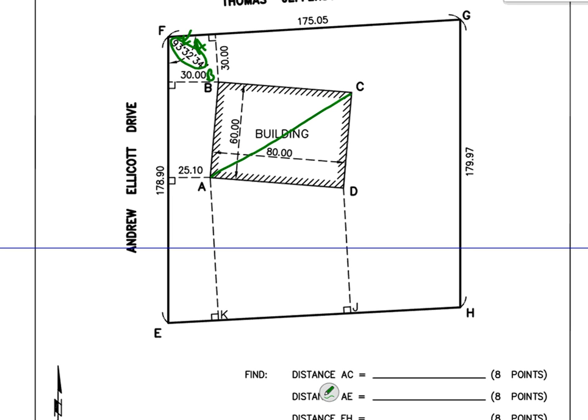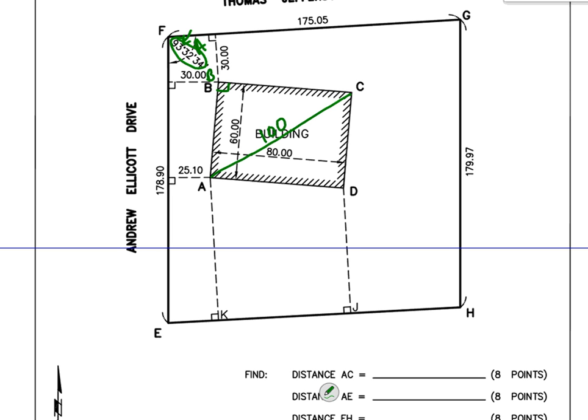And then this angle is a right angle. And somehow I knew that. Oh, because it's a rectangular building. This is a building. So then I went to this, and if that's 60 and this is 80, do you agree that this is 100?